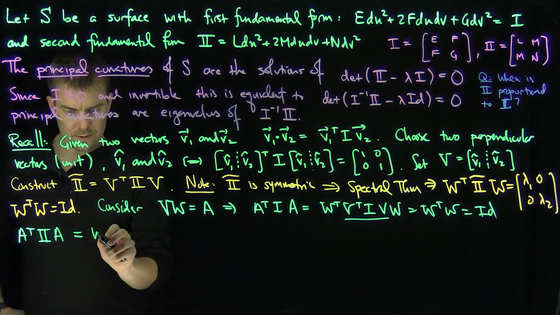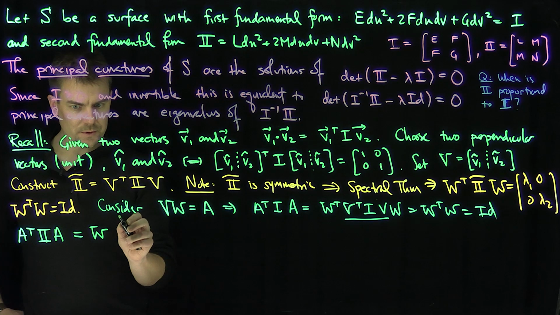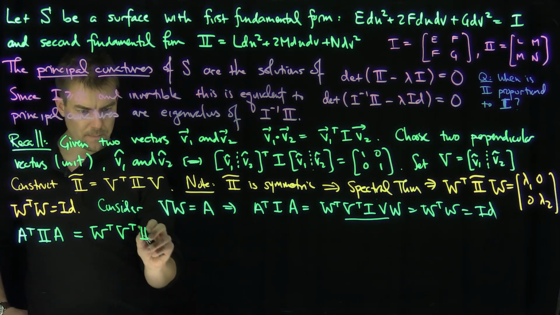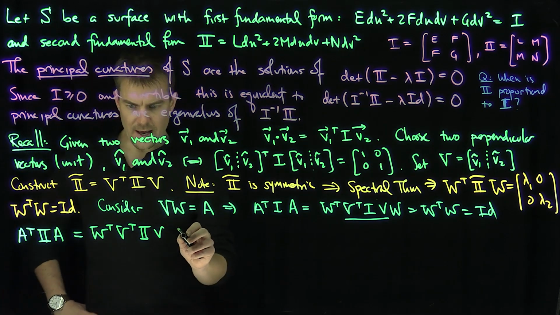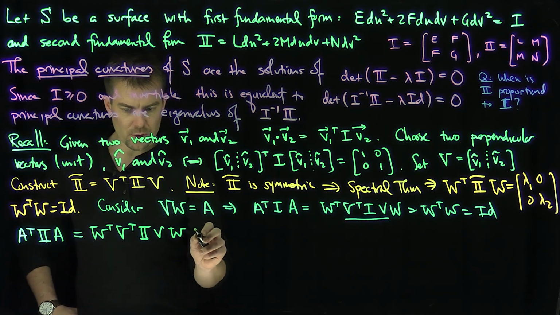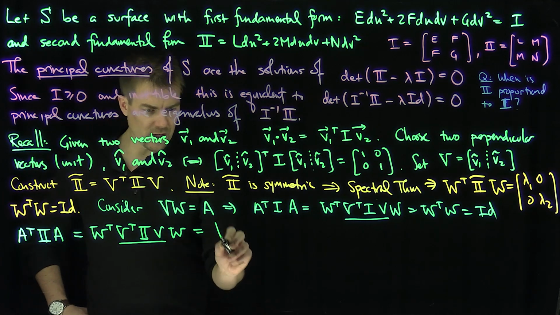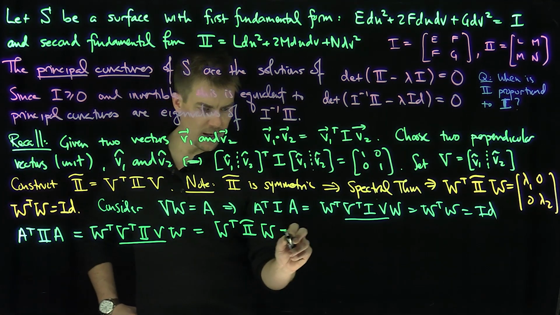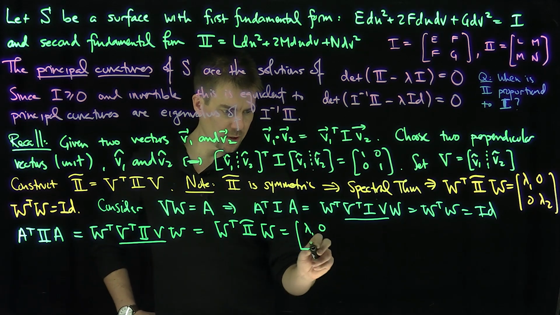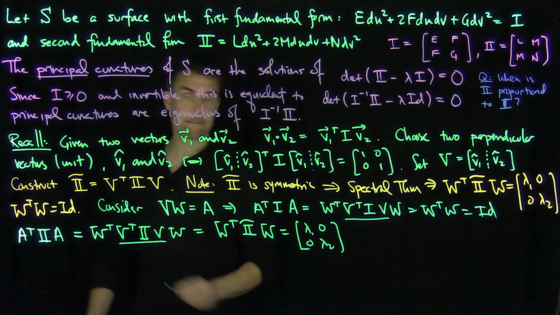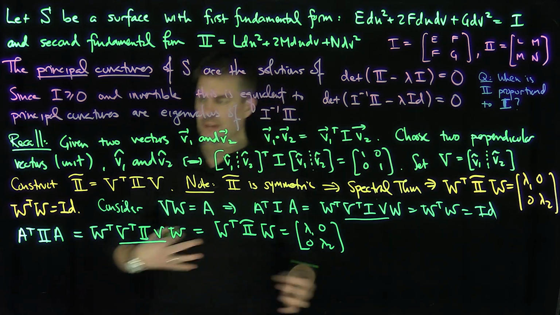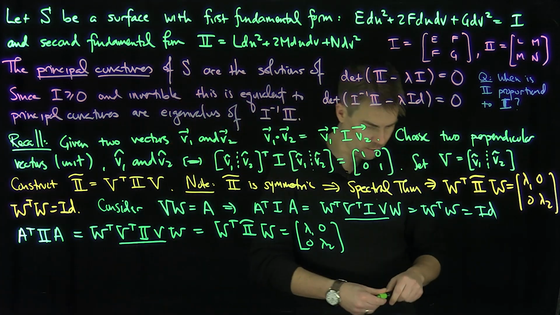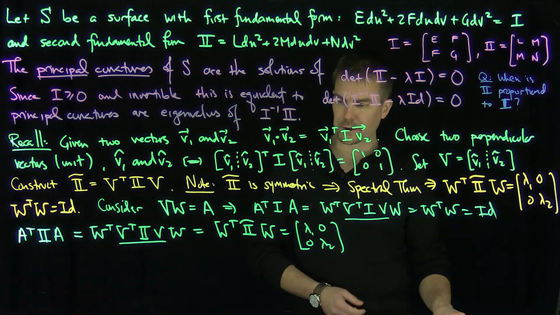It's going to be W transpose V transpose 2 V, and then W. This thing over here is 2 tilde, so this is W transpose 2 tilde W, and that is lambda 1, 0, 0, lambda 2, like that. Excellent. So we're busting out a little bit of linear algebra to help us out here, which is really great. Shows us the power of linear algebra.